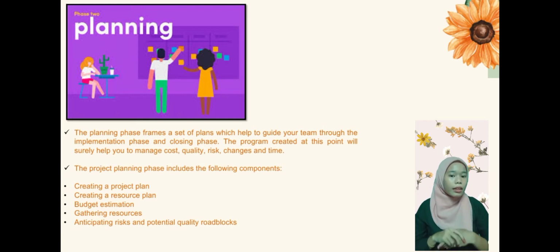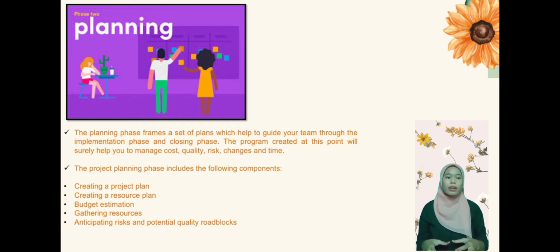Okay, the next step is the planning phase. The planning phase frames a set of plans which help to guide your team through the implementation phase and closing phase. The plans created at this point usually help you to manage cost, quality, risk, change, and time.